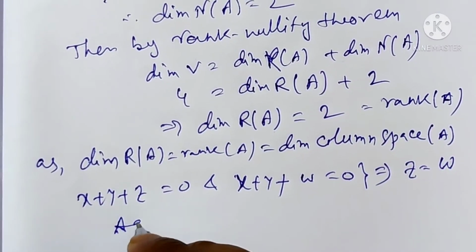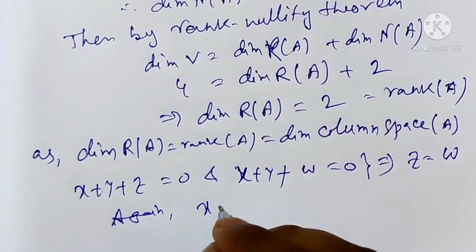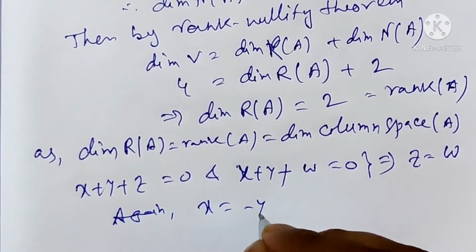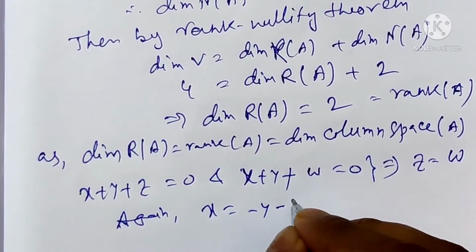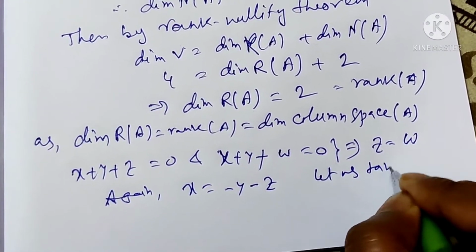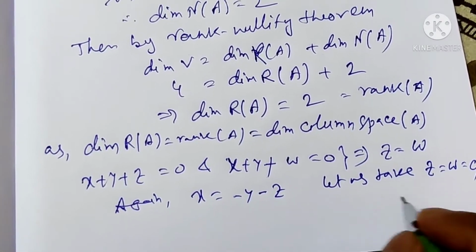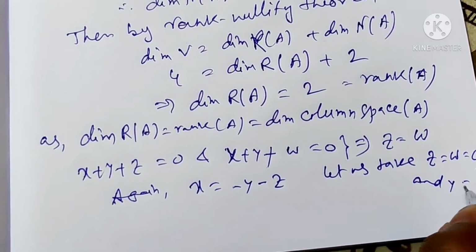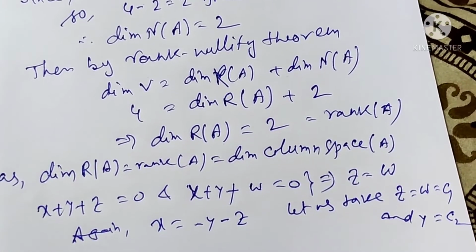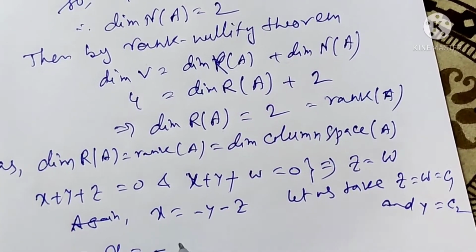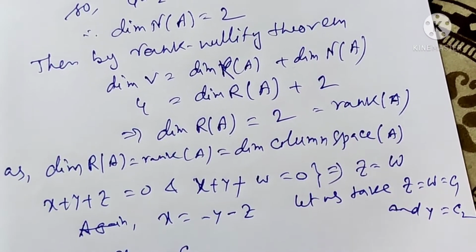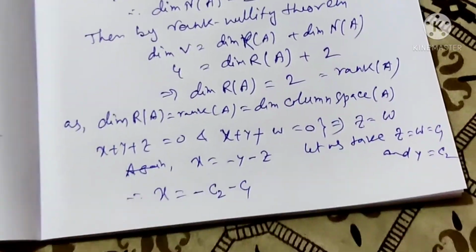Again, x equals minus y minus z. Let us take z equals w equals c1 and y equals c2. Therefore x equals minus c2 minus c1.